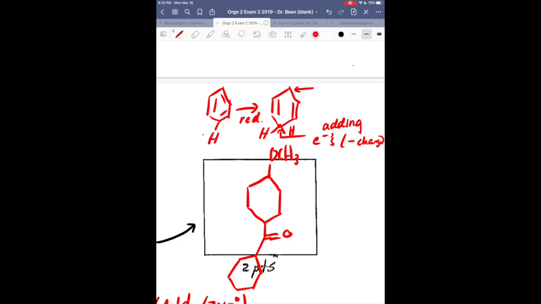So you're adding something with negative charge, and so that intermediate is going to have a more negative charge in it, right? Things like to be neutral. It's more stable to have something neutral than to have something with a full-on negative charge.